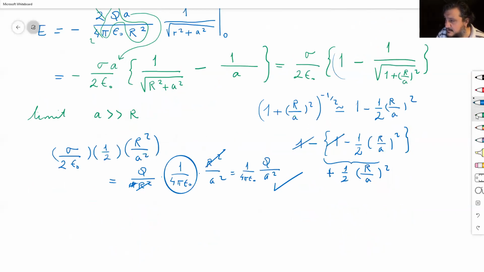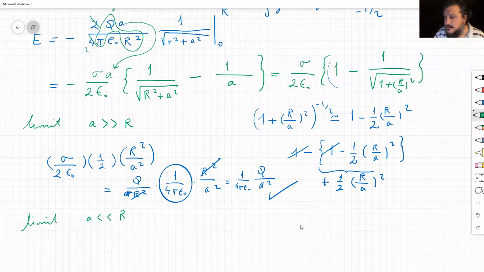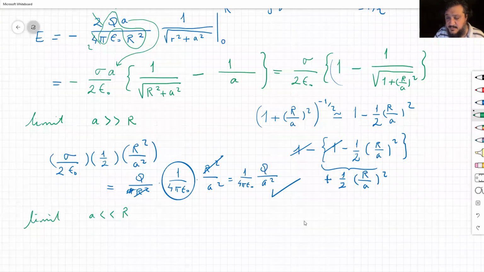Okay, the second limit here. When A is so small compared to the radius of the disk, you're so close to the disk. The disk looks infinite. That's what it means. In that case, if A is so small, all right, now I have to use the approximation the other way around.